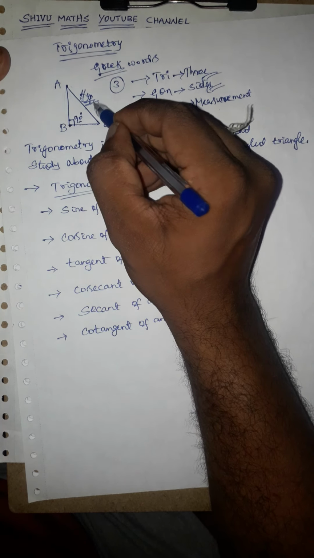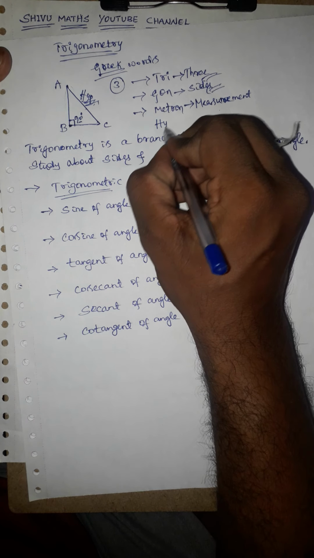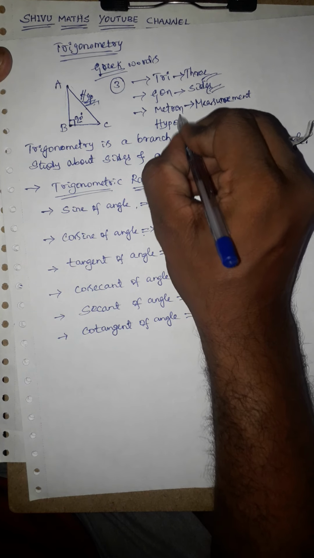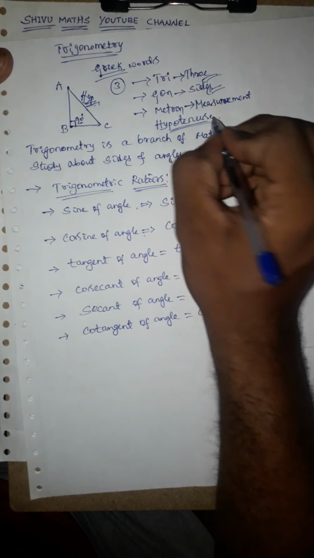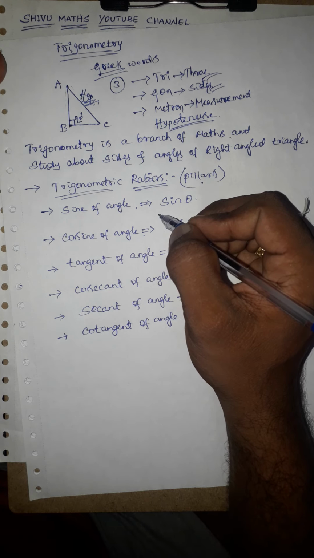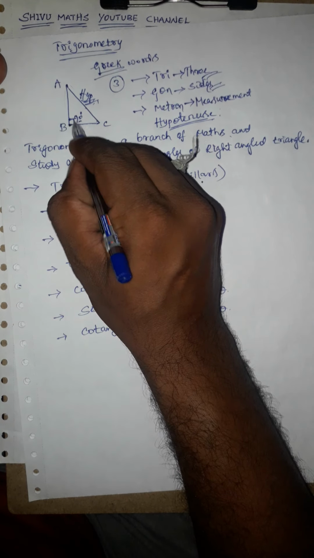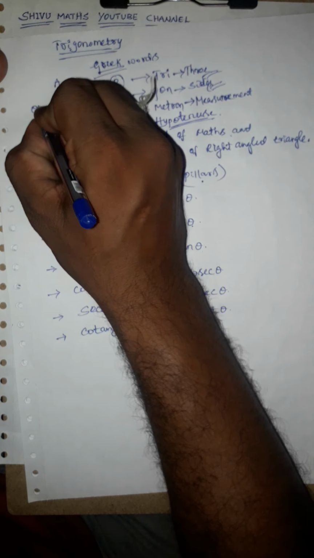That's why it is called the hypotenuse. And the remaining two sides depend upon the reference angle theta.